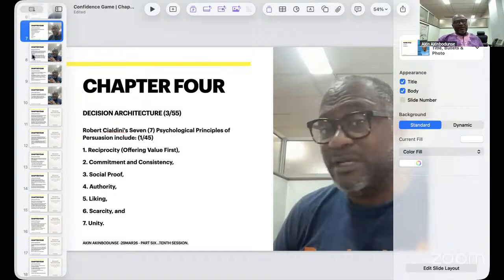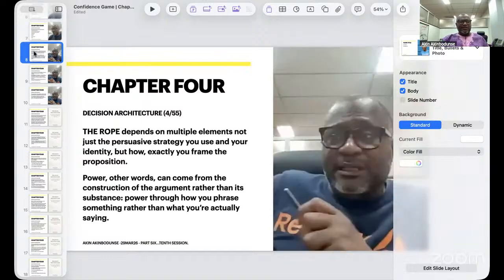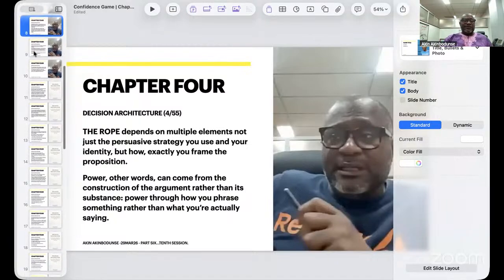Right. So those are the seven psychological principles we discussed as they relate to persuasion. All of this was in chapter 4, talking about roping, pretty much convincing our audience as to the thing that we want to do. So the rope depends on multiple elements, not just the persuasive strategy, not just the negotiation that you use, or your identity and what we are, but how exactly we frame the proposition.